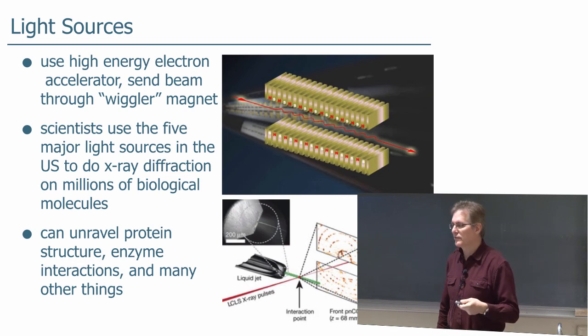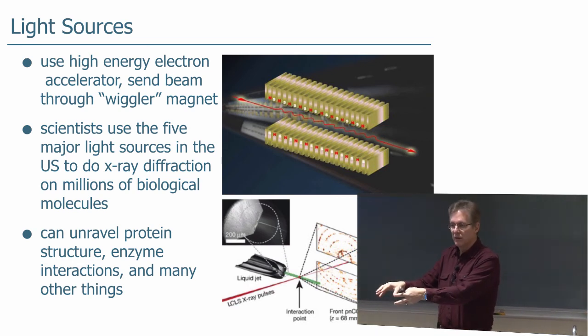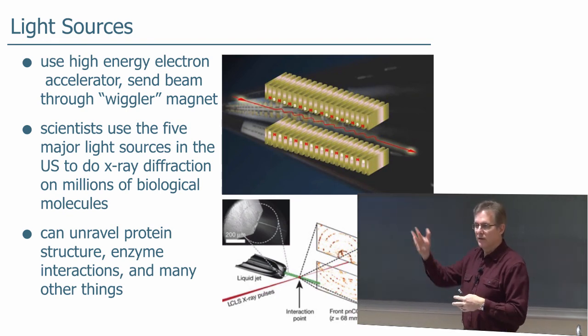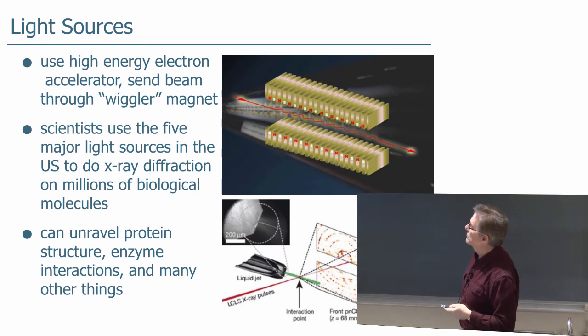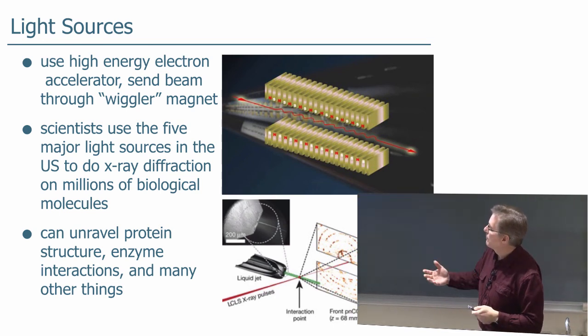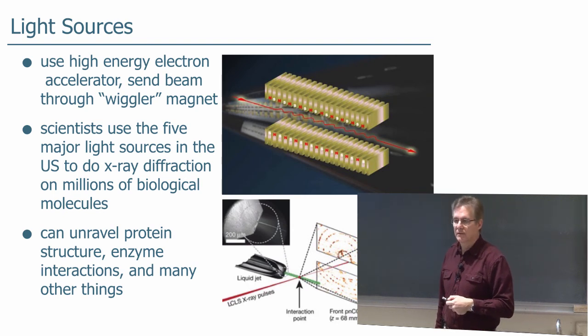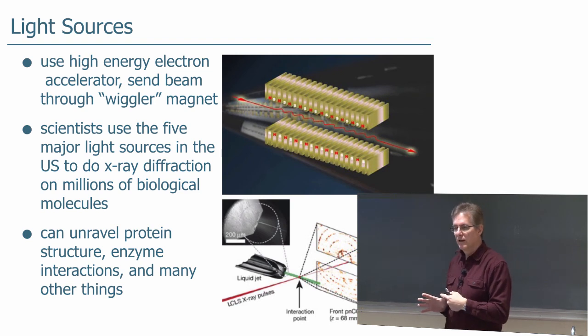So if you're a scientist studying, okay, this gene expresses this protein, what is this protein, what is its structure? You can do that using X-ray crystallography if you get a big enough sample and crystallize your protein. There are other methods for unraveling protein and other molecular structures, but by far X-ray diffraction is the one most in use. There are 5 big X-ray facilities in the United States right now.